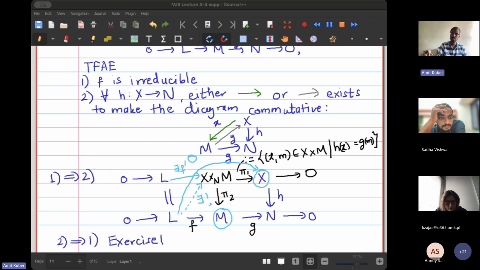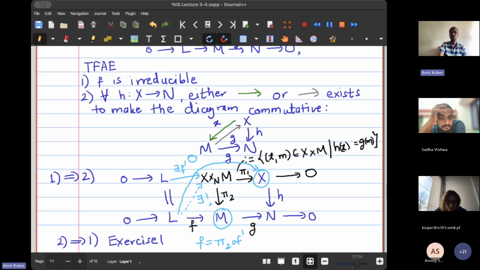The bottom row was given to be an exact sequence, and the X to N map was given, and we have concluded that the top row is also an exact sequence. So what have we obtained really? We have obtained a factorization of F. So F is equal to pi2 composed with F dash.